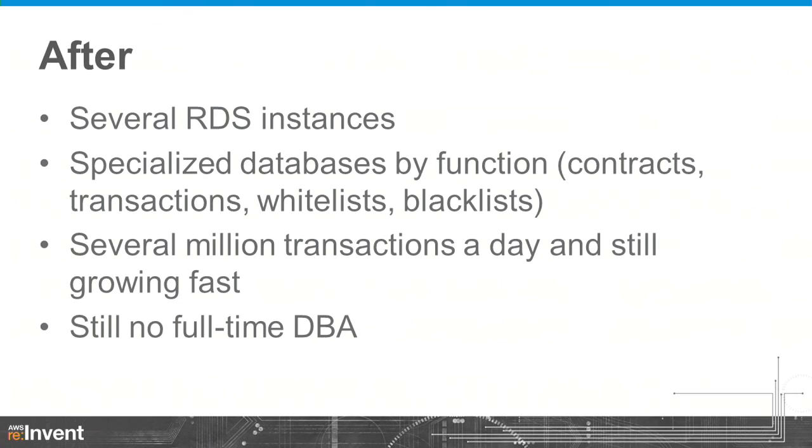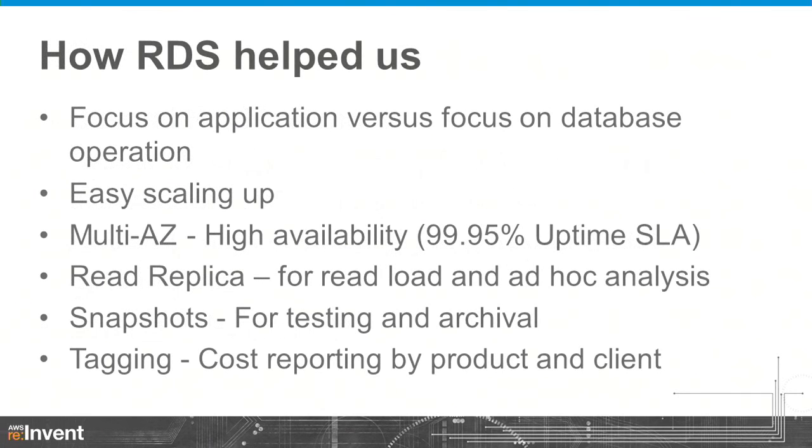But we are nowhere near hitting a performance bottleneck, and we still don't see a need to have a full-time DBA. RDS allowed our team to focus on improving our applications instead of on operating databases.